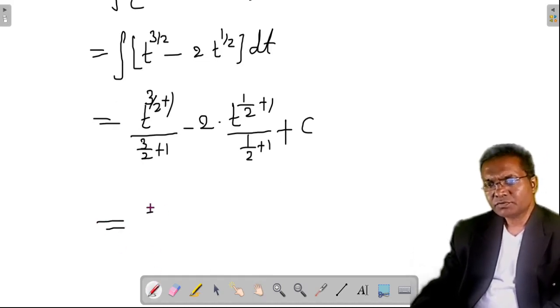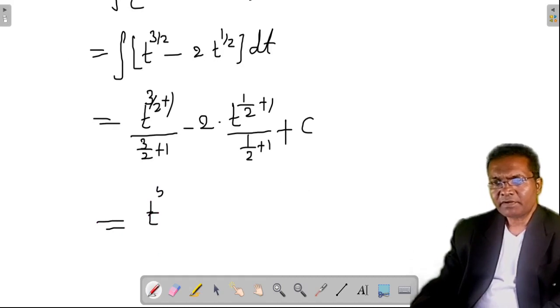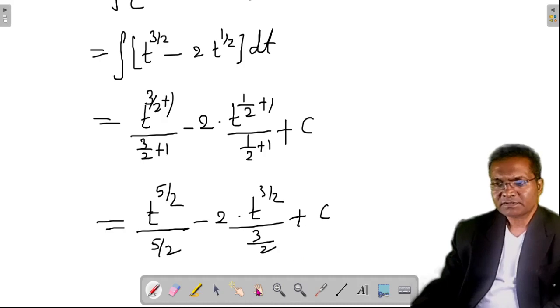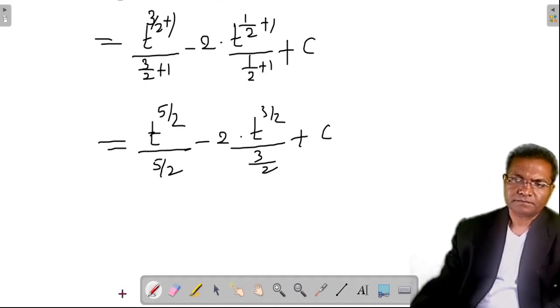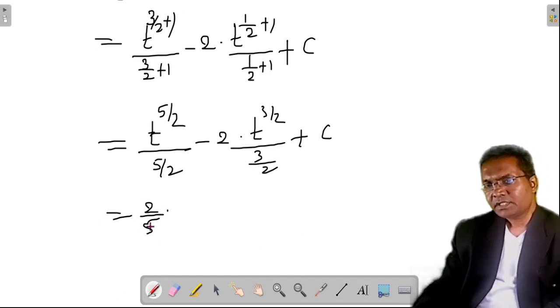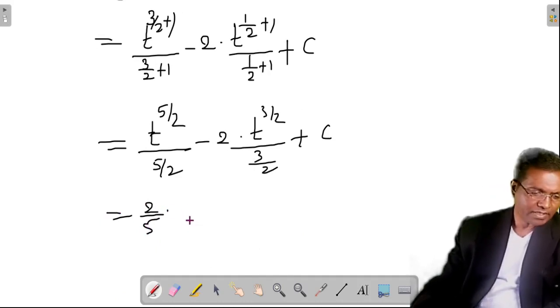So this gives you t power 5 by 2 by 5 by 2 minus 2 into t power 3 by 2 by 3 by 2, plus c. So you may write 2 by 5, t power, you have taken t as x plus 2.